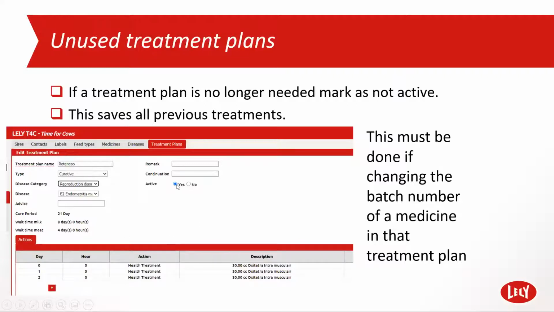So you'd mark that as no. That'll then save all the times that you've used that particular product, and it'll save all the batch numbers, but it'll let you then add a new one and a new fresh batch number.